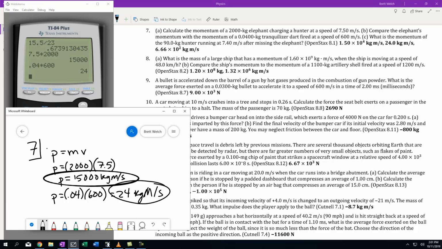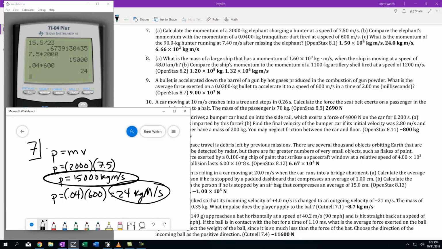So the key idea that we want to present here is that just hitting the elephant with the dart is not going to stop it. That should be obvious, and clearly the numbers tell us that we don't have enough momentum. So the tranquilizer not only has to hit the elephant, but then it also has to transfer the drugs into the elephant's system to be able to tranquilize it.